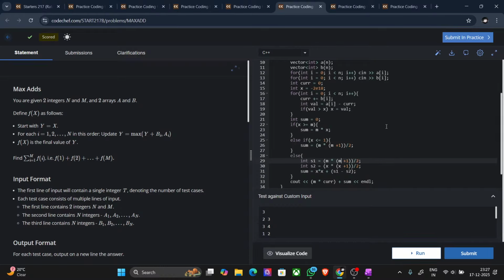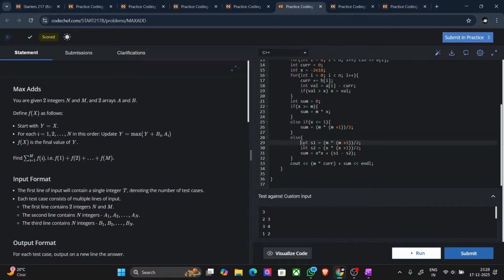As you can see, for this particular problem, I've taken the summation of Pn here, and I've taken the summation of Pn into m here, and sum here. For k greater than or equal to m, the answer is m into k. If k is less than or equal to 1, the answer will be just the summation of all the values of x, which is m into m plus 1 by 2.